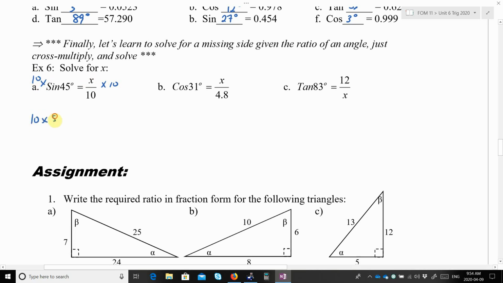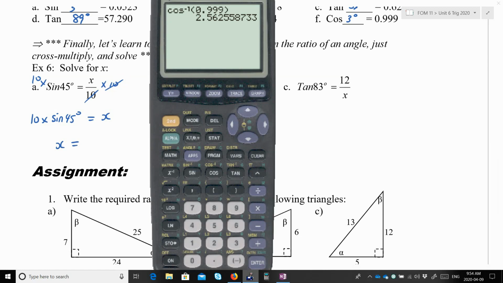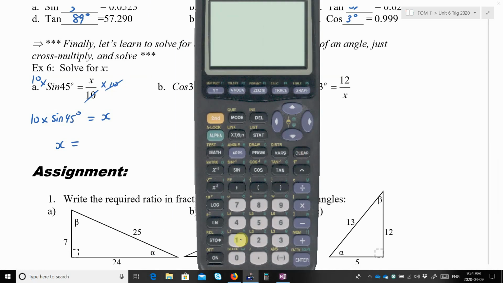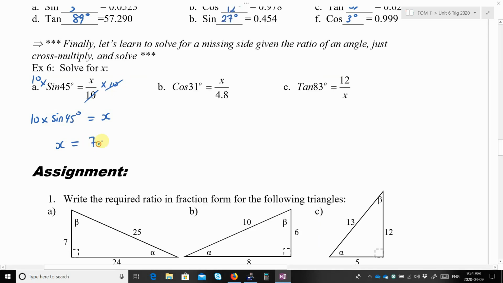So 10 times sine 45 is equal to, the 10s cancel, x. So x is equal to, in the calculator, 10 times the regular sine now because we have the angle sine of 45 degrees. 7.07. So let's just say 7.1.